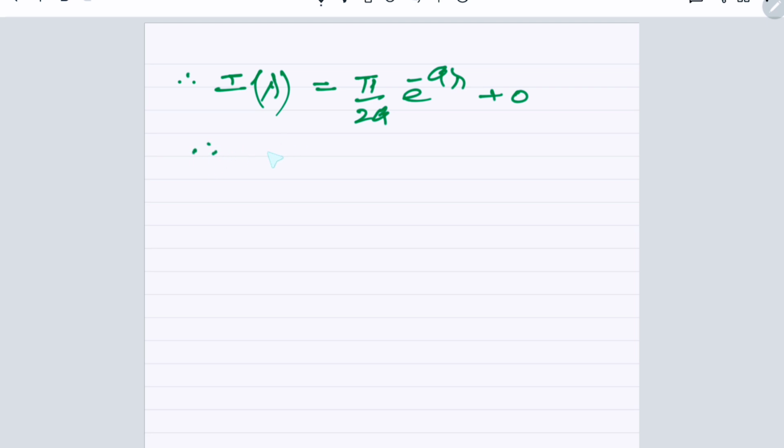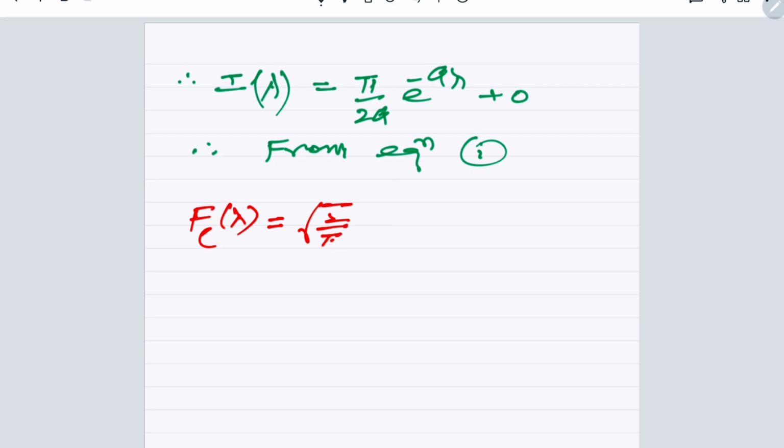Using this in the first, we get the value of the Fourier cosine transform Fc of lambda as square root of 2 by pi as it is, no change, into I of lambda. The I of lambda value is pi upon 2a into e raised to minus a lambda.